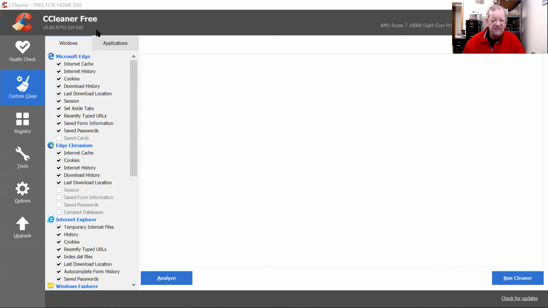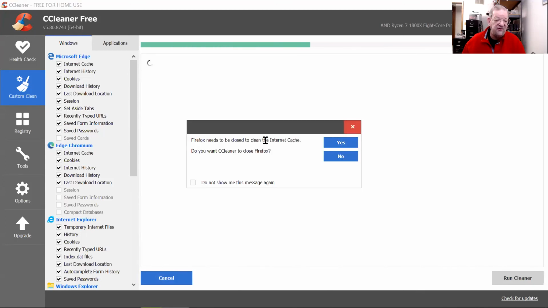CCleaner free. Just put in CCleaner in Google and don't buy the paid one. Get the free one. I've been using this product for years, and notice it cleans off. If I click on Analyze, you want to run Cleaner. This cleans up a lot of junk from your computers that doesn't get cleaned up.